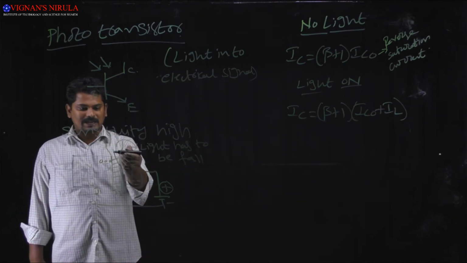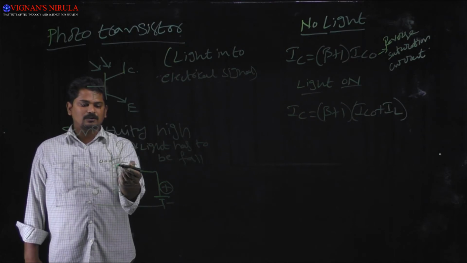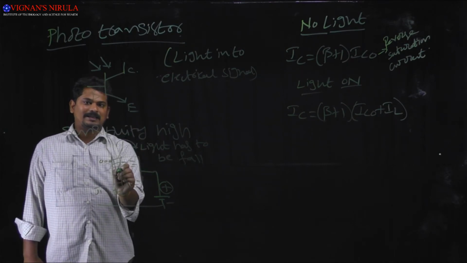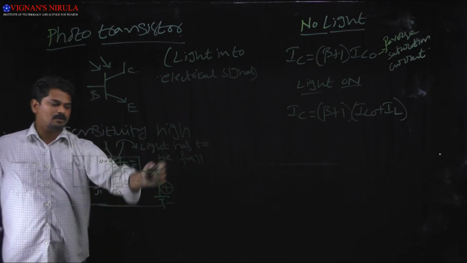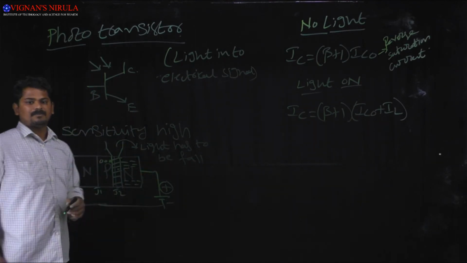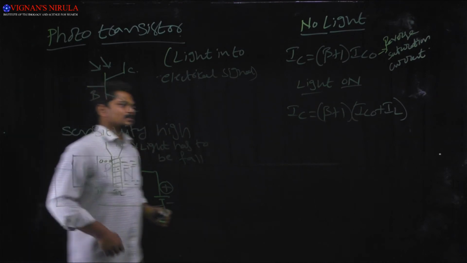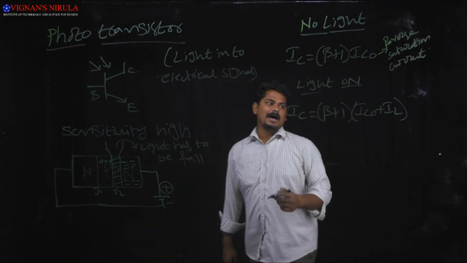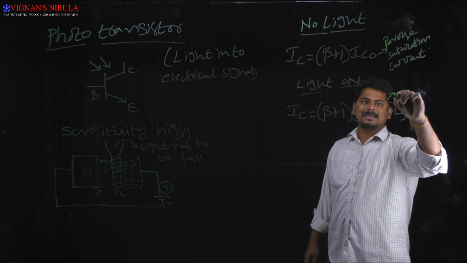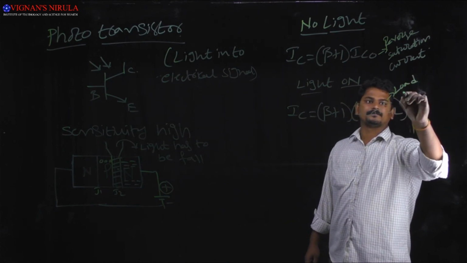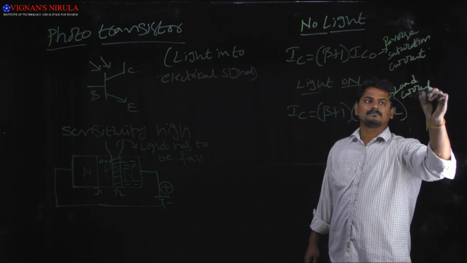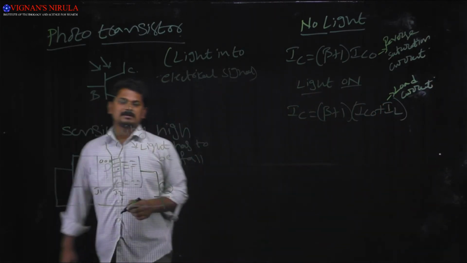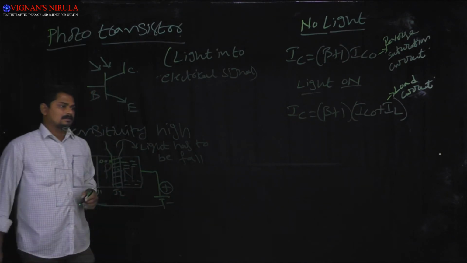So whenever that light falls on this junction J2, that photon energy will be separated here and the carriers will be moved toward the positive charge, and due to that we will get the current IC. So IC is equal to beta plus 1 into ICO plus IL. Here IL is the load current, and beta is the current gain parameter of your common base configuration.